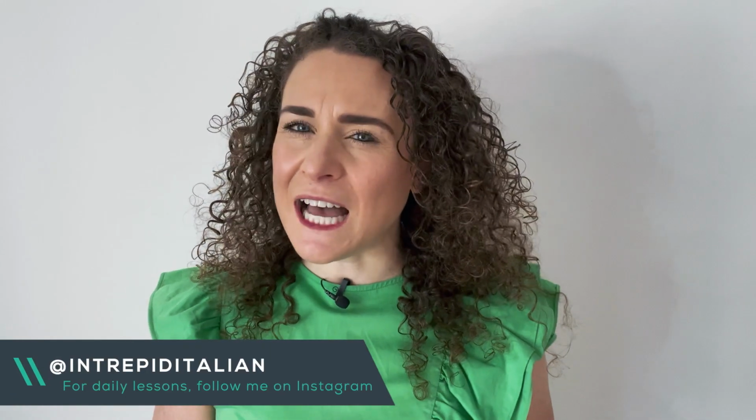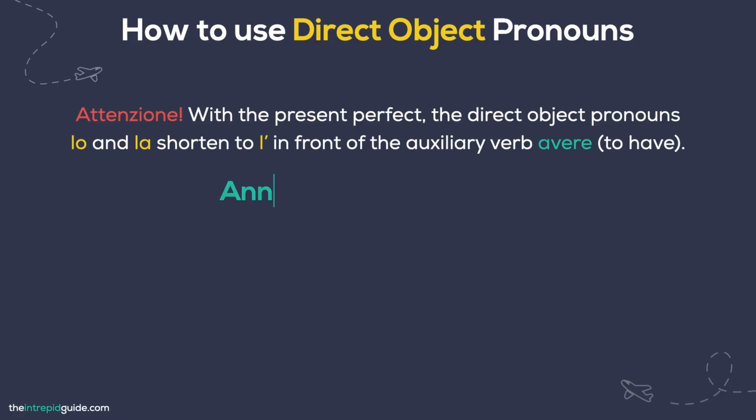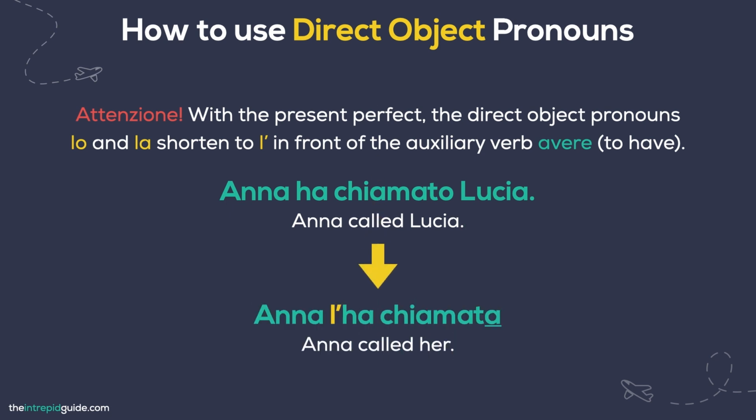Attenzione! With the present perfect, the direct object pronouns lo and la shorten to l' in front of the auxiliary verb avere, to have. Take a look at this example. Anna ha chiamato Lucia. Anna called Lucia becomes Anna l'ha chiamata.